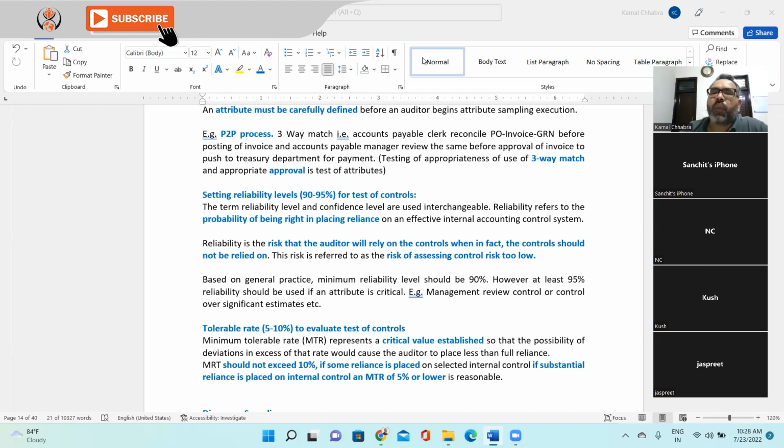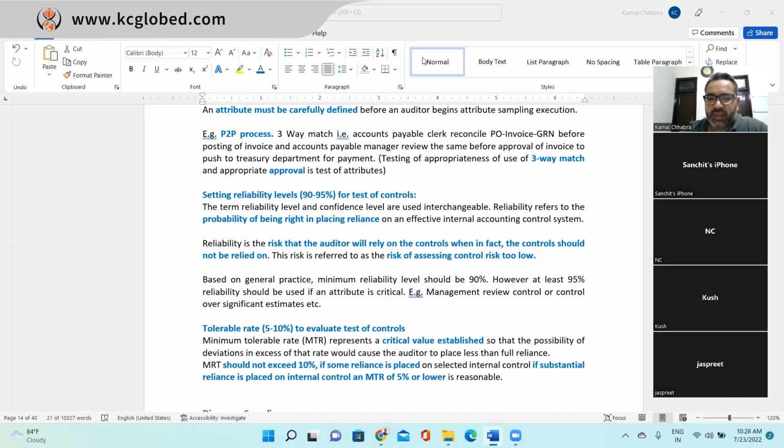That means the sample you tested has shown a right result and you have placed reliance on control, but in the untested population there are so many mistakes. So this is a risk for the auditor of relying on the control if the sample tested is perfectly okay, whereas in the actual population there is some misstatement. Make sense?